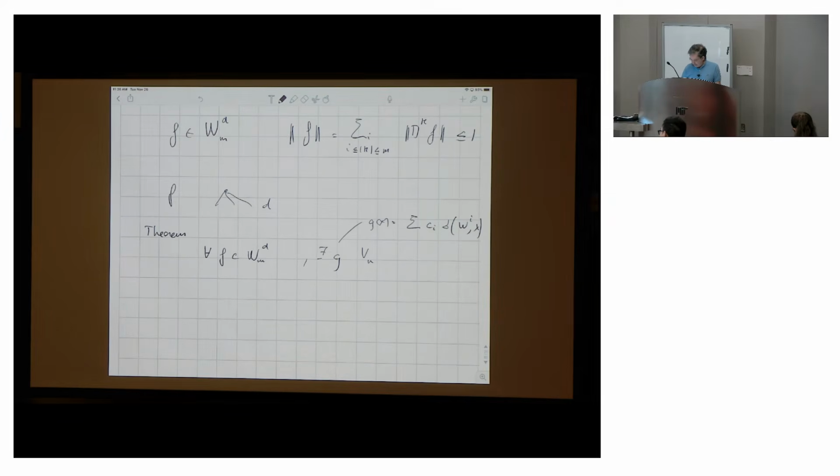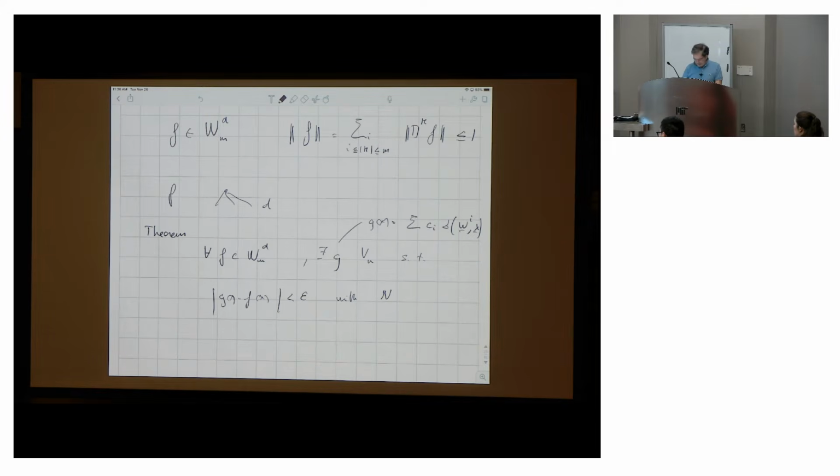This would be dot product. So this would be vectors. And there exists a G such that G of x minus f of x is less than epsilon, with n the number of units.